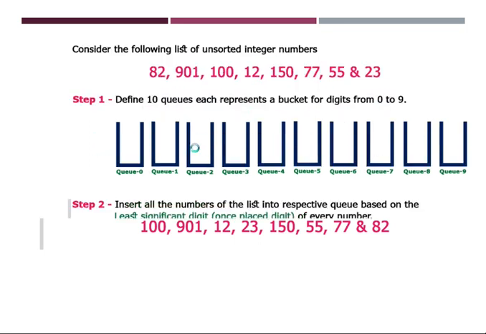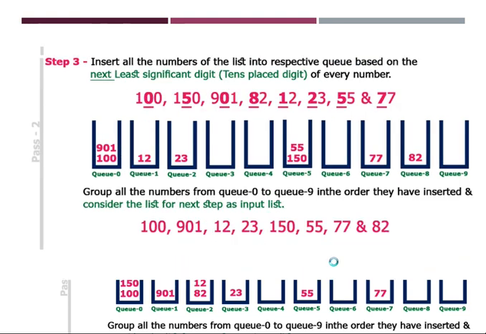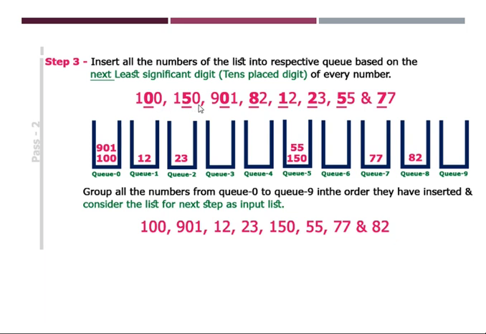Beginning with Q0, we get all the values stored in Q0, then all the values stored in Q1, and hence this series has been formed: 100, 150, 901, 82, and so on.